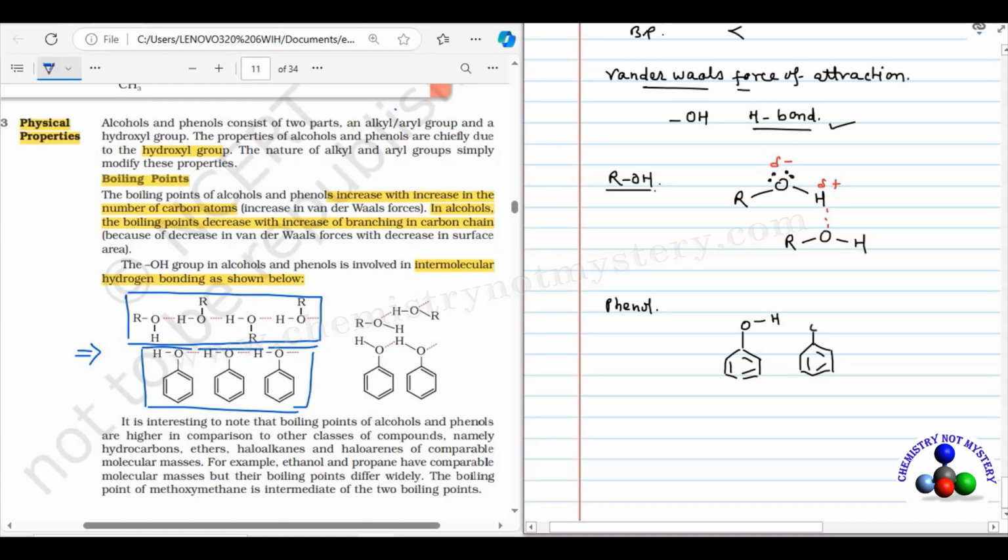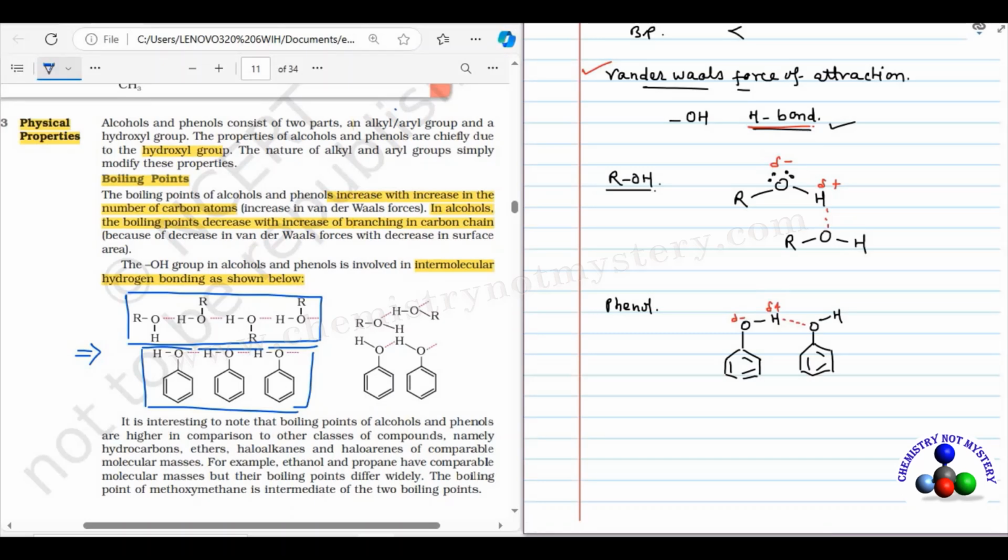It is bonded to oxygen and oxygen is bonded to hydrogen. In phenol also there is electronegative oxygen and electropositive hydrogen. So there is hydrogen bonding between electronegative oxygen and electropositive hydrogen. That's how you can draw hydrogen bonding between two phenol molecules. So in addition to van der Waals force of attraction, there is hydrogen bonding. That's why alcohol and phenol have higher boiling point as compared to corresponding alkanes.